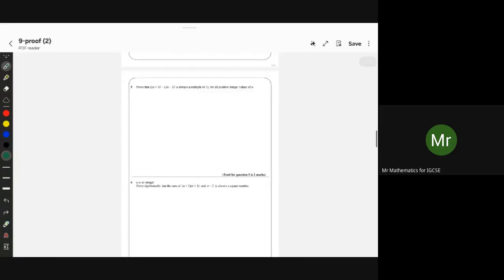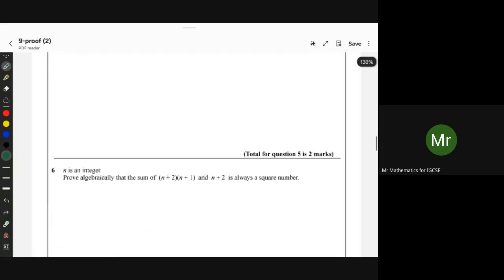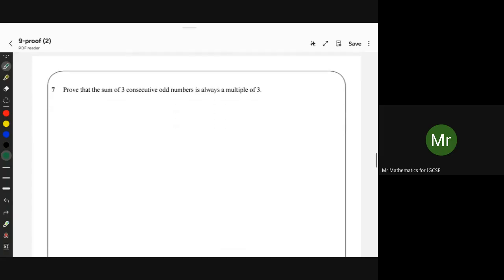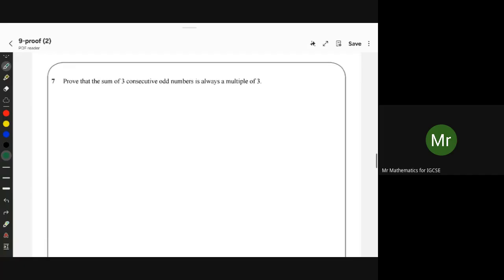Okay, next we can solve number 7. Prove that the sum of 3 consecutive odd numbers is always a multiple of 3. Three consecutive odd numbers, okay, so what are the 3 consecutive odd numbers? The first odd number is 2n minus 1, as we memorized.